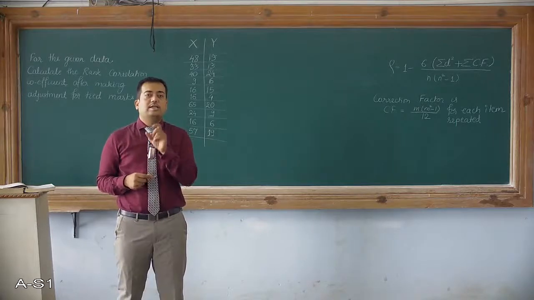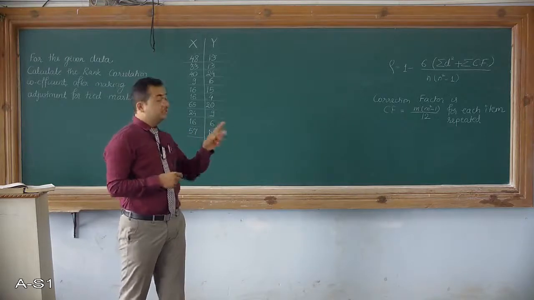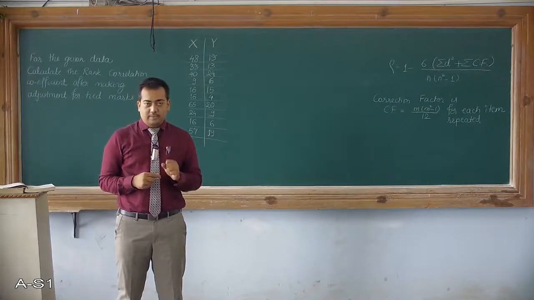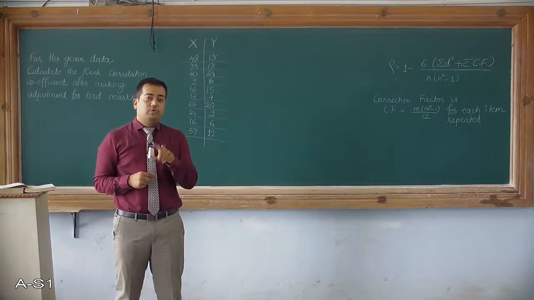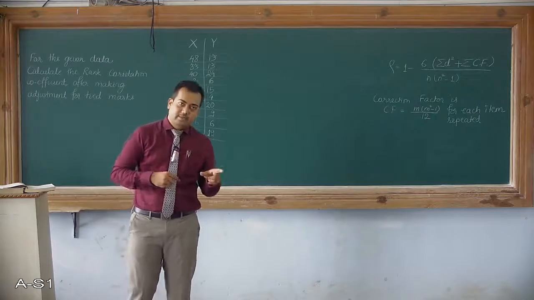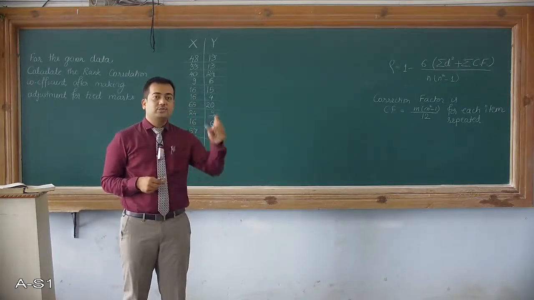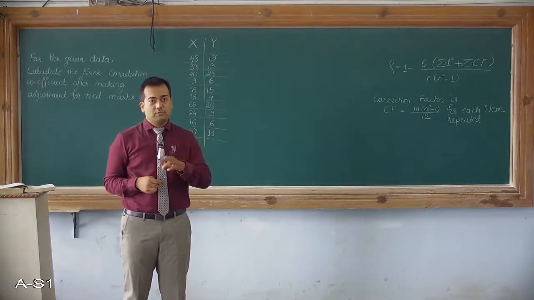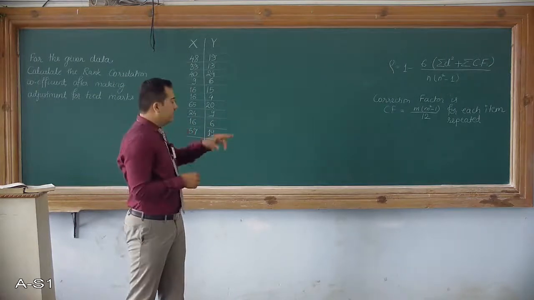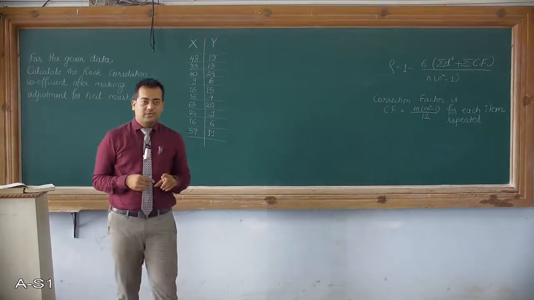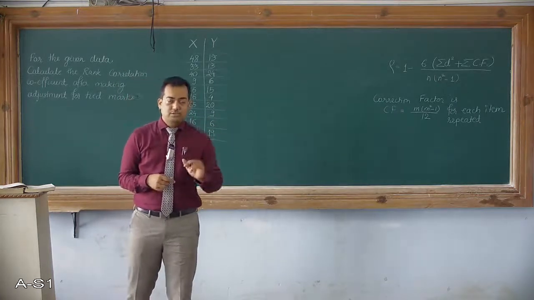This is the standard formula for calculating the correction factor when applying the rank correlation method. We have to do this for every item which is repeated. Then all these correction factors are added, and the summation of all correction factors goes into the formula. First we have to give ranks to the numbers.